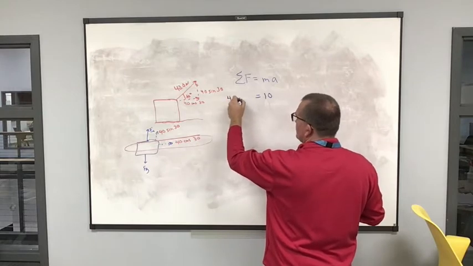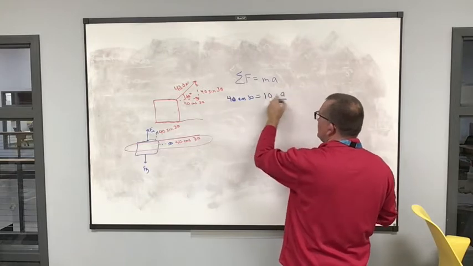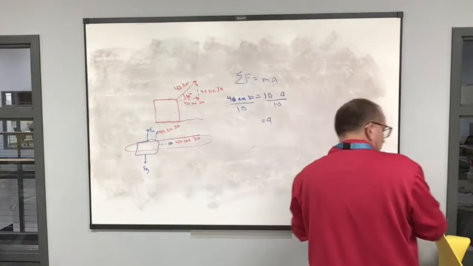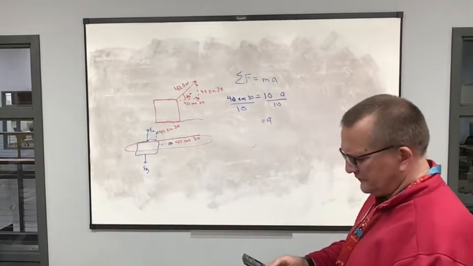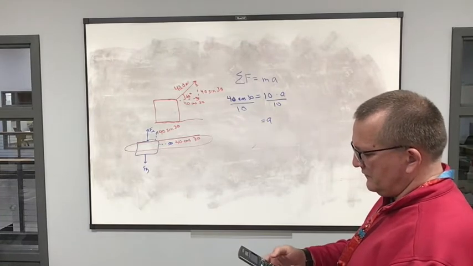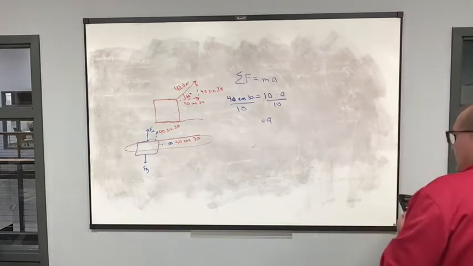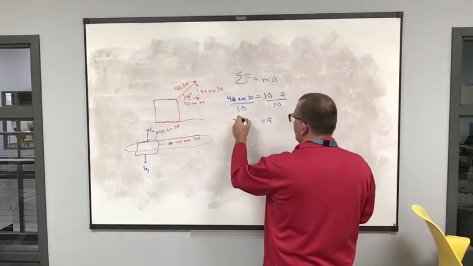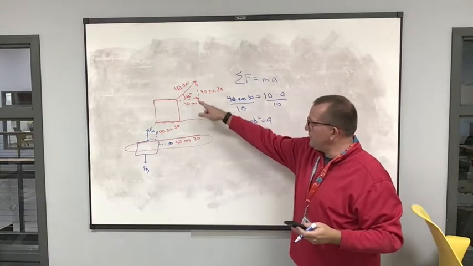So 40 times the cosine of 30 equals 10 times a. So divide by 10. The acceleration of my box is 40 cosine 30 divided by 10. I get an answer of 3.46. Okay? So I just used the x component of my force.